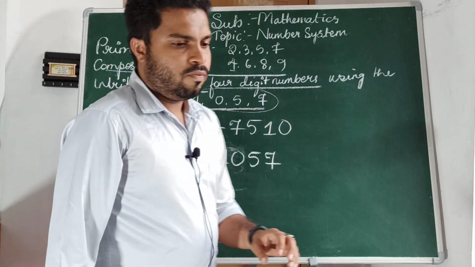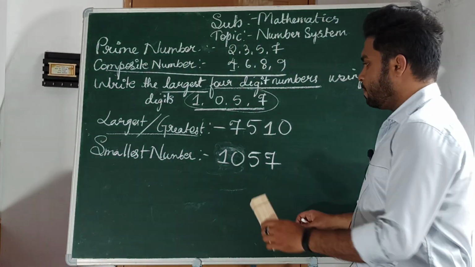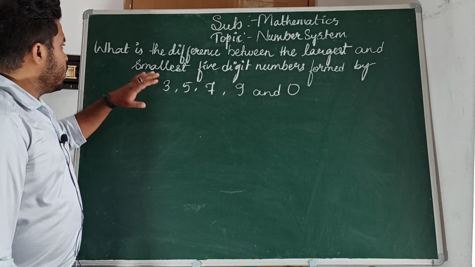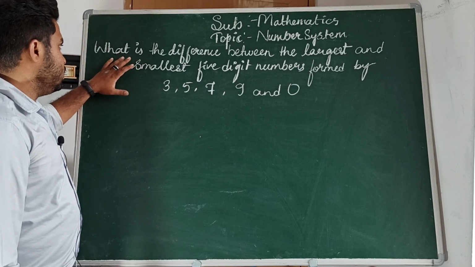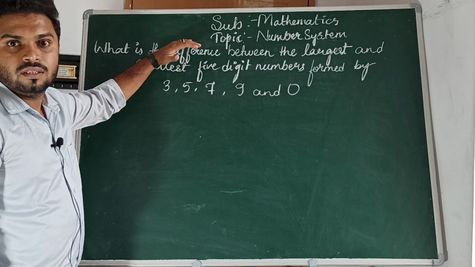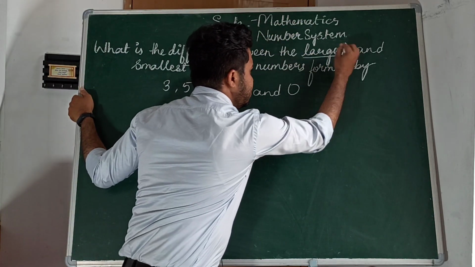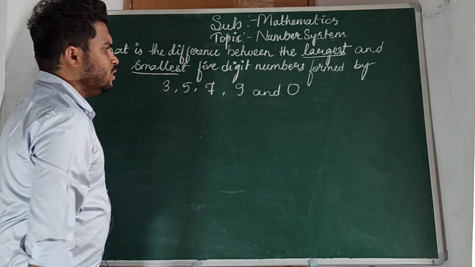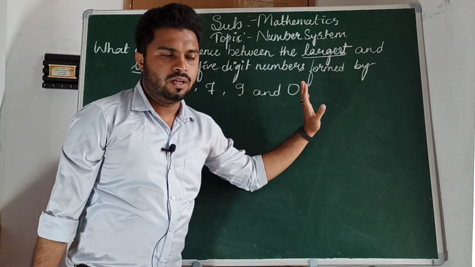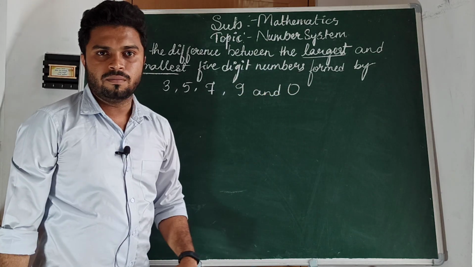Now moving on to the next question. What is the difference between the largest and the smallest 5-digit number? They have given the numbers.